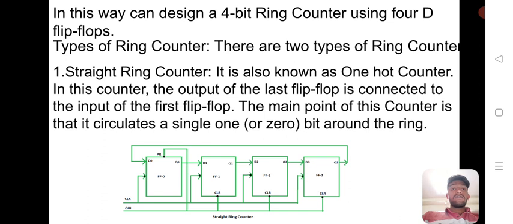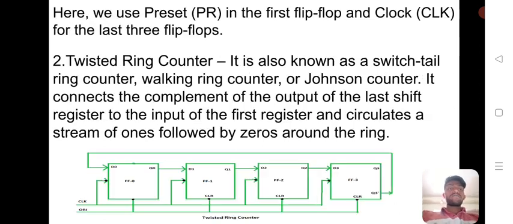In this counter, the output of the last flip-flop is connected to the input of the first flip-flop. The main point of this counter is that it circulates a single 1 or 0 bit around the ring. Here we use preset PR in the first flip-flop and clear for the last 3 flip-flops.